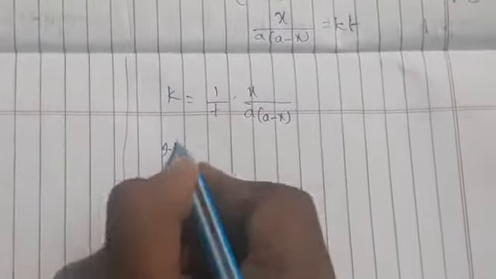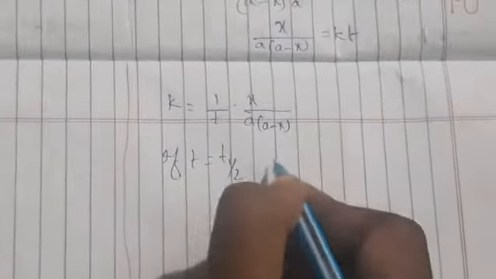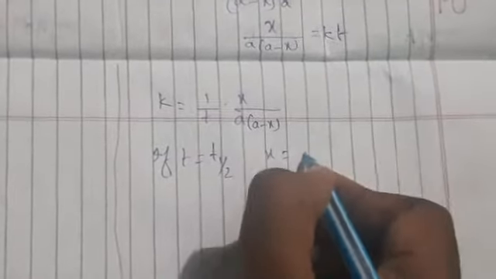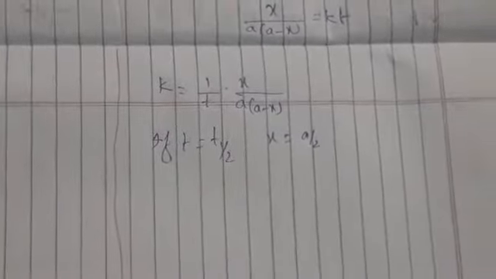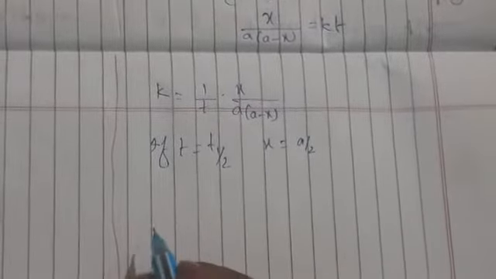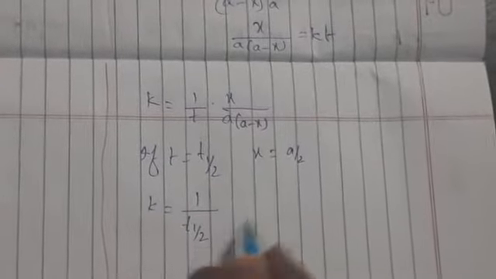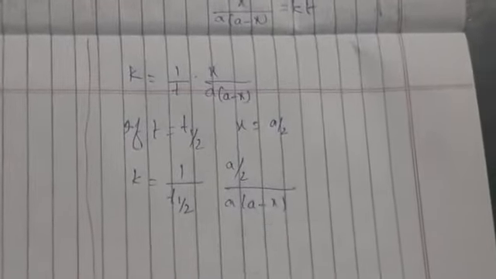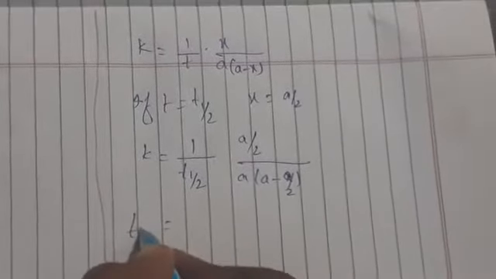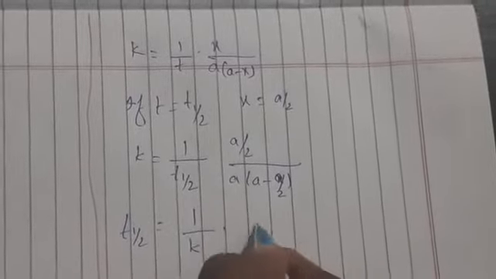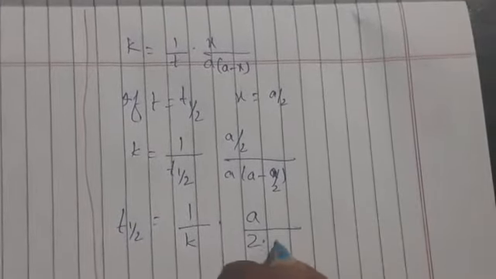If t is equal to t half and x is equal to a by 2, then substituting these two values, k is equal to 1 by t half into (a by 2) by a into (a minus x), which here is also a by 2.